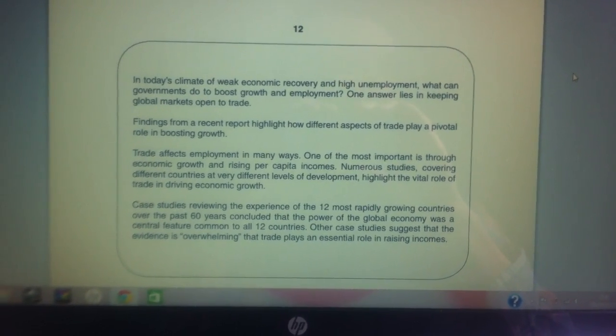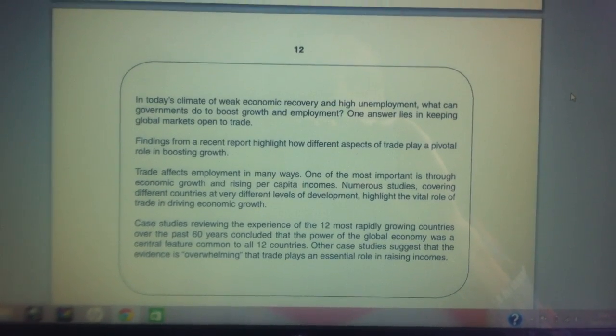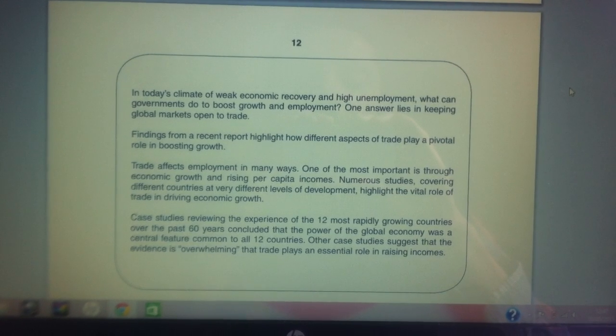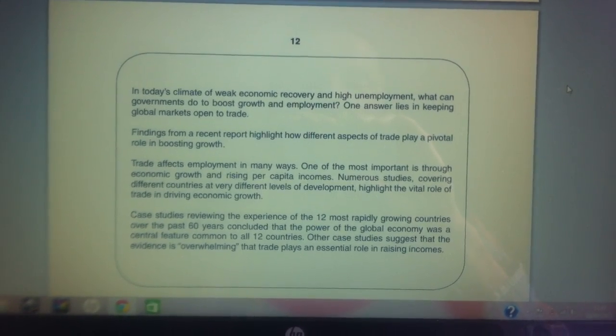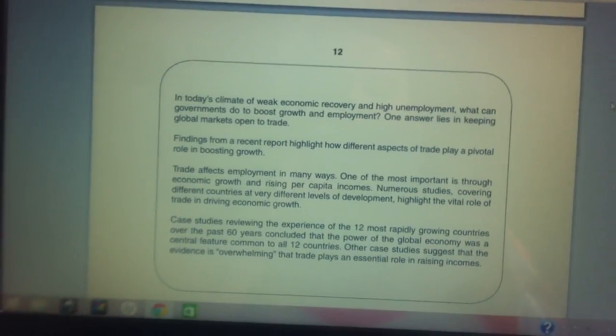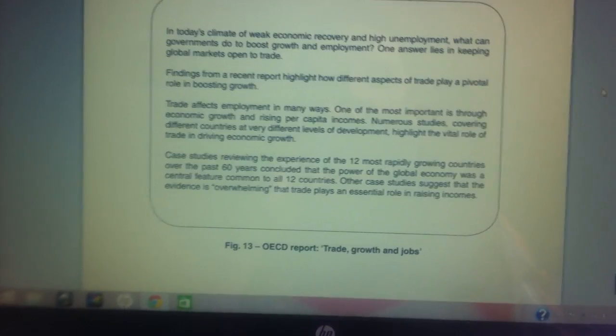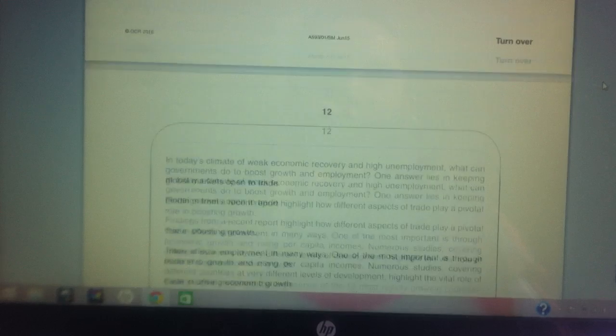Obviously that would be free trade, so without tariffs, without quotas, all of the things which are mentioned earlier in this particular specimen material.